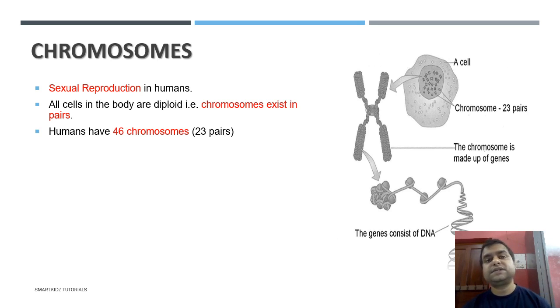Certain characteristics we get from our father, certain characteristics we get from our mother. And then again, if you notice, if we have children, you have blue eyes from your mother, and later on, your offspring may have black eyes.